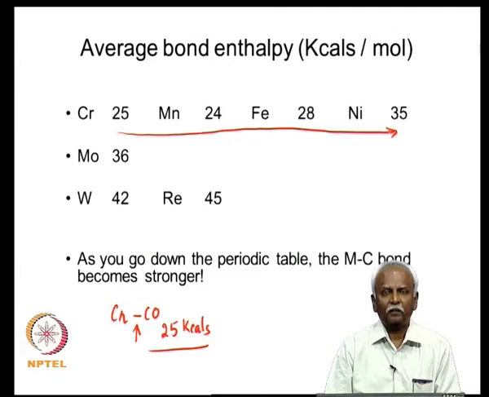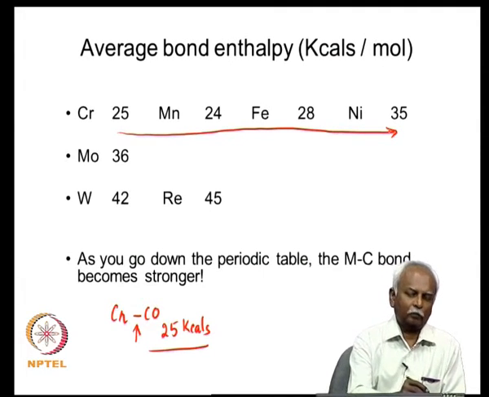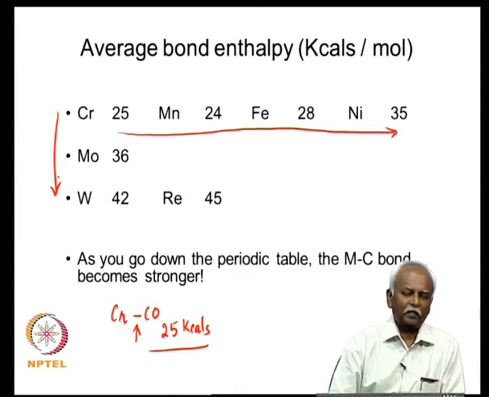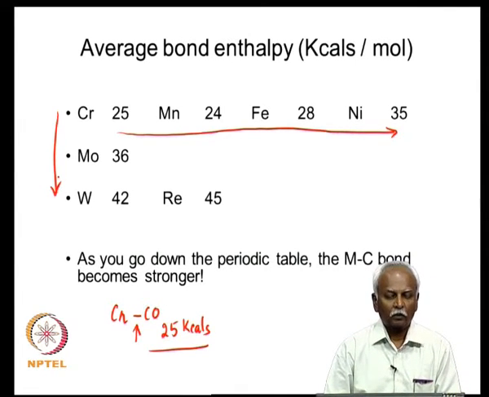On the other hand, as you go down the periodic table, in the chromium series, for example, if you go from chromium hexacarbonyl to molybdenum hexacarbonyl, the bond energy seems to increase significantly. It is almost increased by 10 kilocalories per mole, and that is about 33% increase, and by another 16% increase when you go from molybdenum to tungsten.